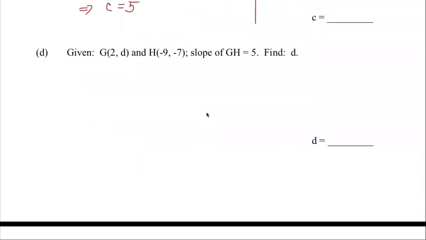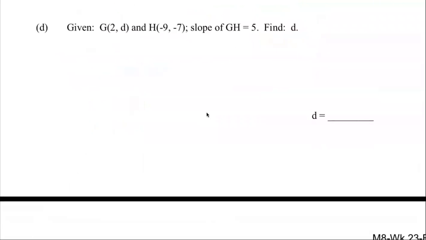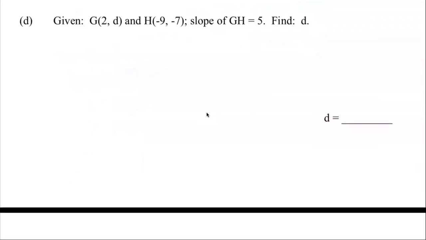Now let's look at part D. Given 2 points, the slope of the line segment is 5. All the questions are the same pattern, so let's do this again.